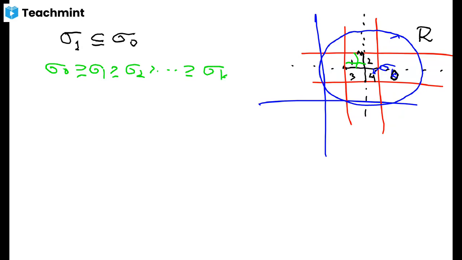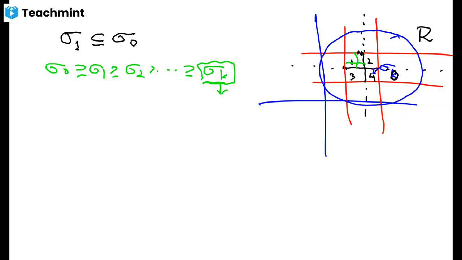So what we want to say is that if in the first subdivision we are not able to find a z_j which satisfies the inequality that we require, and then in the second, what we claim here is that in a finite number of steps there must exist a sigma k where this inequality is satisfied.